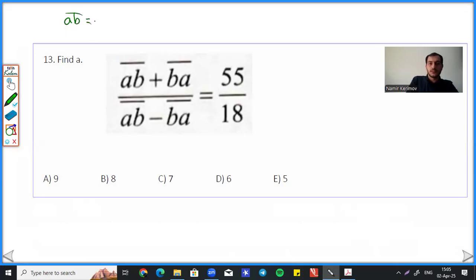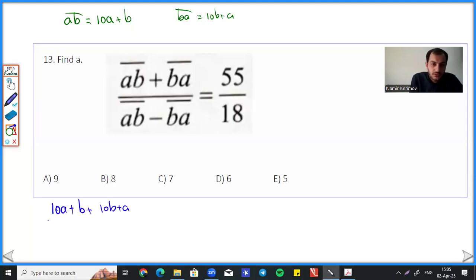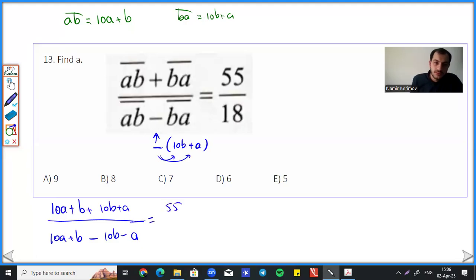Like AB, we can show that as 10A plus B. Or if it's BA, that will be 10B plus A. We can say it's 10A plus 1B plus 10B plus 1A over 10A plus B minus 10B minus A, because of the minus, as you know, that will change 10B to negative 10B, A to negative A. It's equal to 55 over 18.